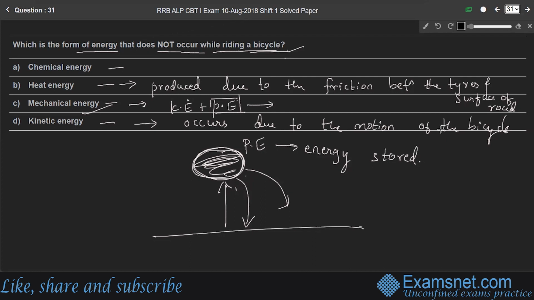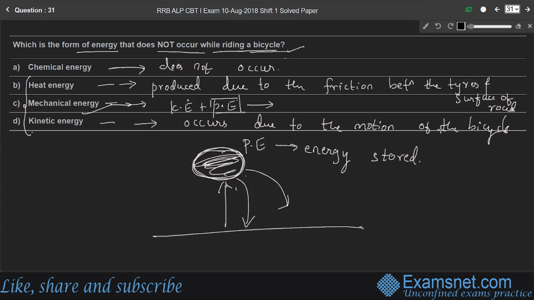Therefore, when the bicycle is moving, it possesses both kinetic and potential energy, so mechanical energy also occurs. All these three energy forms occur when a person is riding a bicycle, whereas chemical energy does not occur, because there is no chemical reaction taking place.